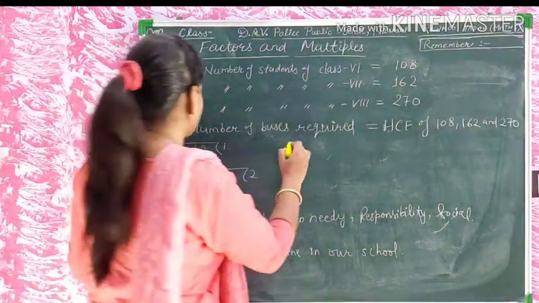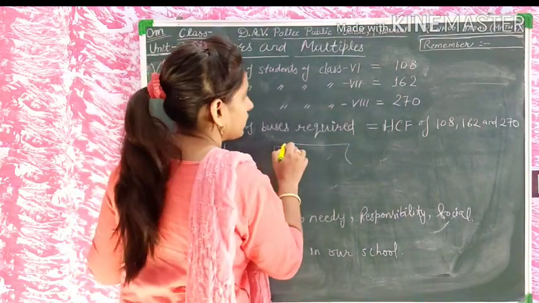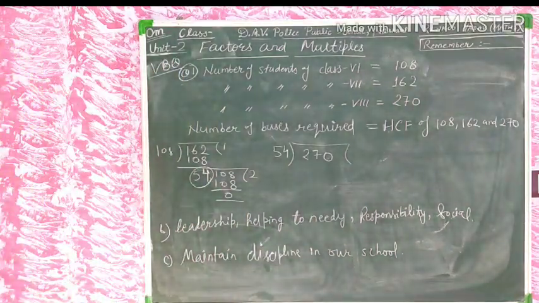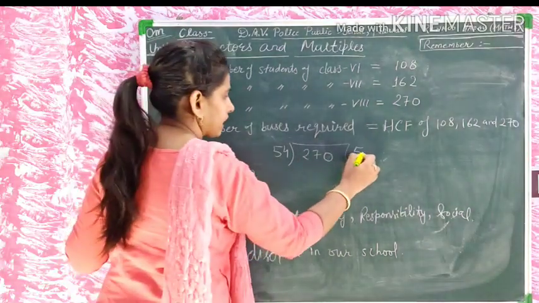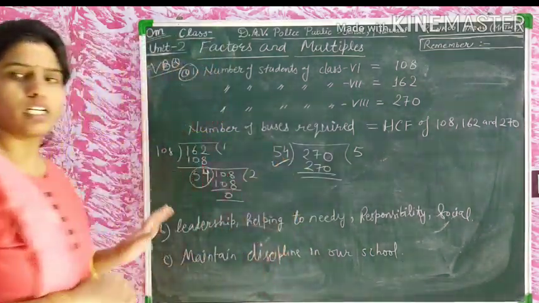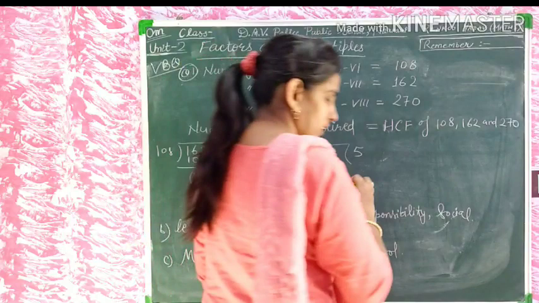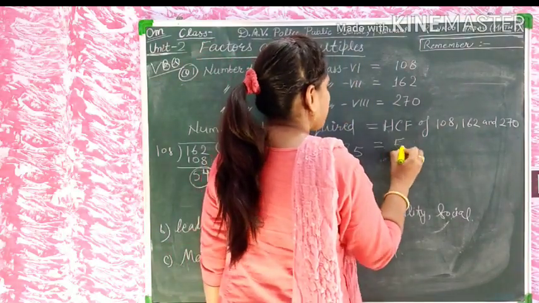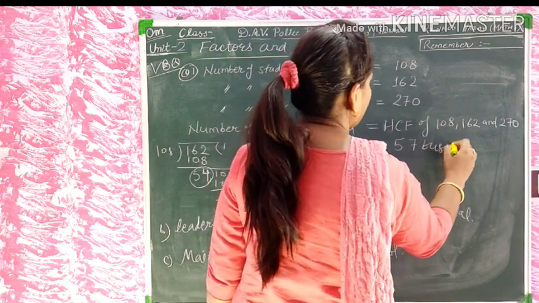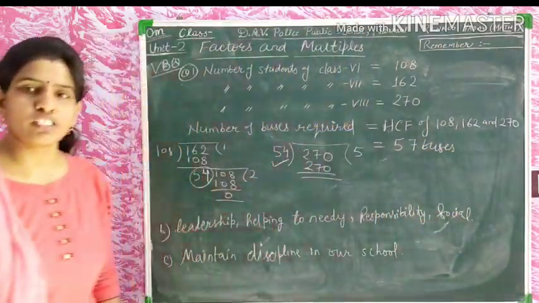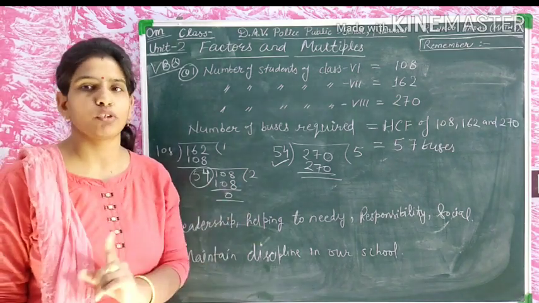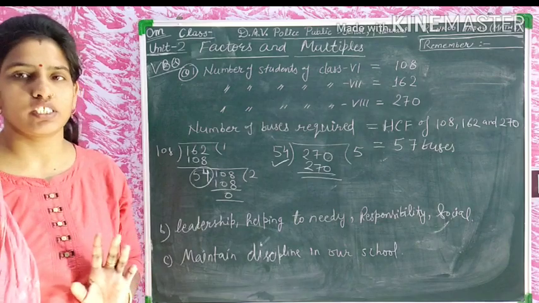Now we divide the next third number, 270, by 54, and it is exactly divided by 5, so 54 is the HCF here. So students, we see that the maximum number of buses required is 9 buses, in which there are a maximum and equal number of students from each class.